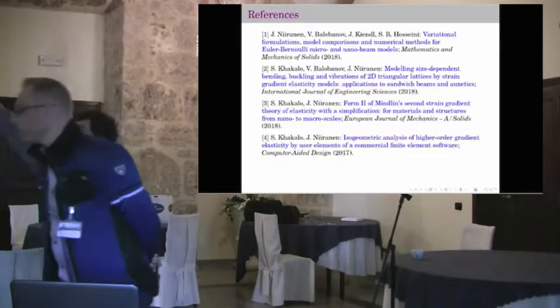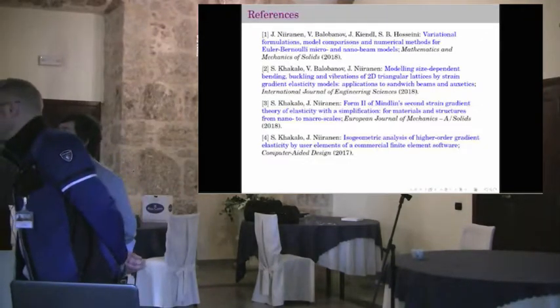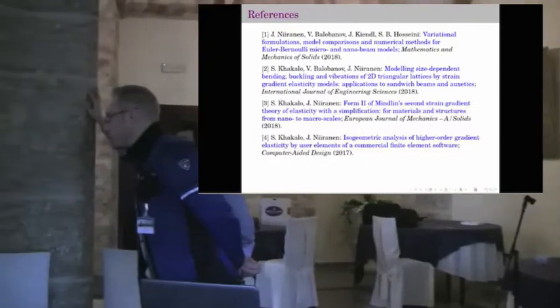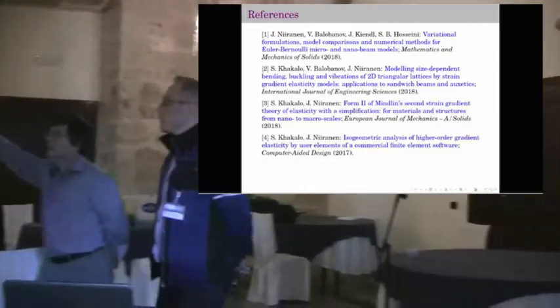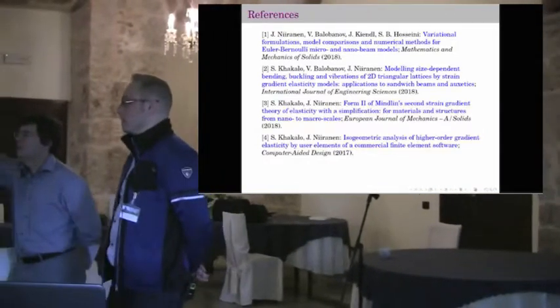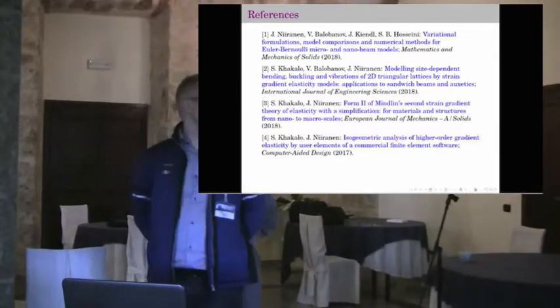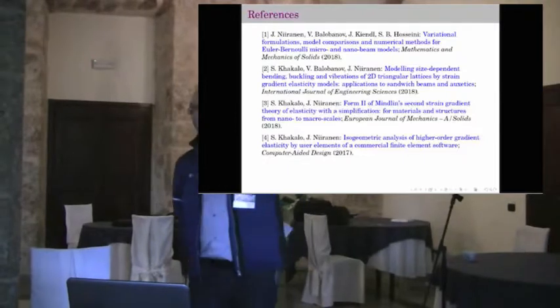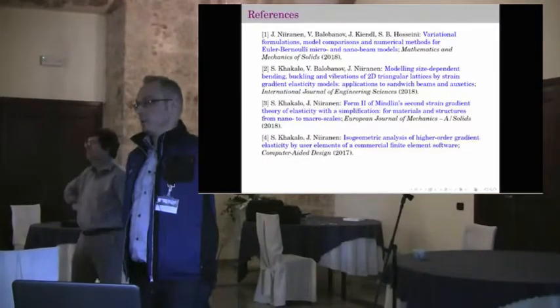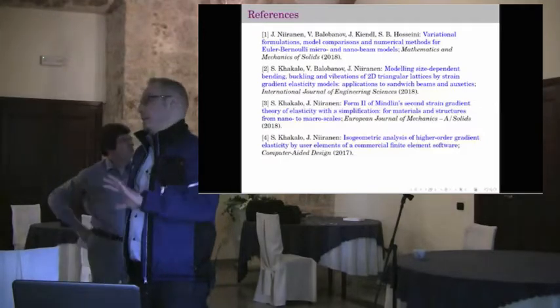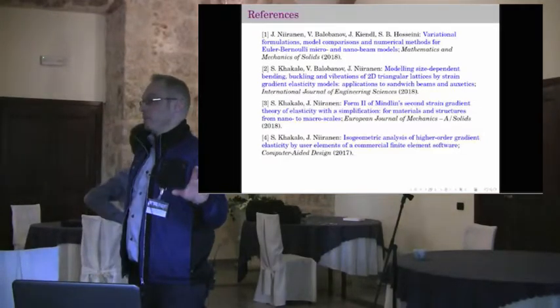Yuri, please, why did you choose the strain gradient theory to describe these lattices? Why didn't you choose some other non-classical theory, for example micropolar or couple stress theory? What is the criteria? Actually, we showed in the first paper, which is a model comparison paper, with some numerical results, that they all produce more or less the same differential equation.